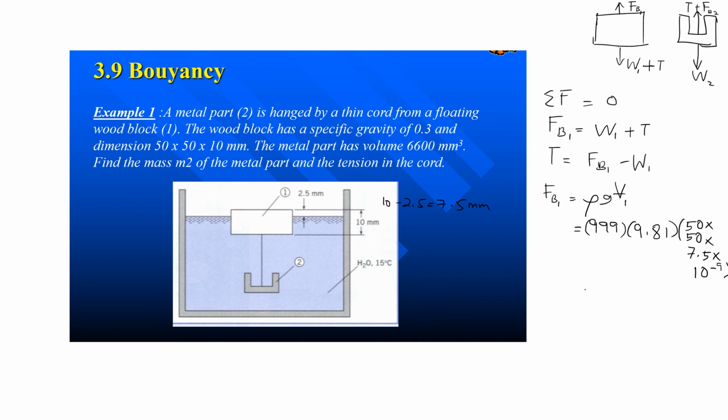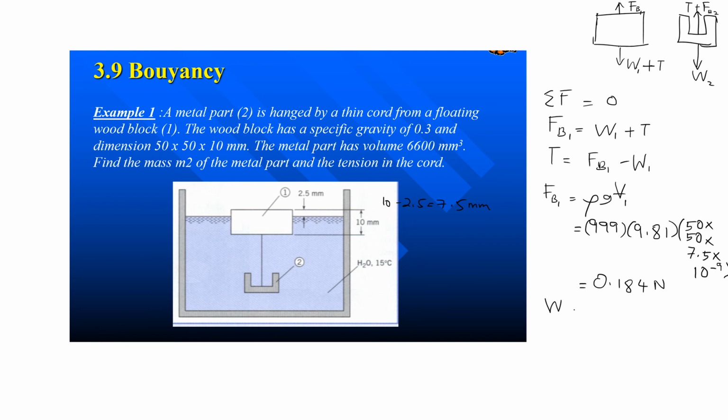So you should get the answer. You can calculate. The answer is 0.184 Newton.